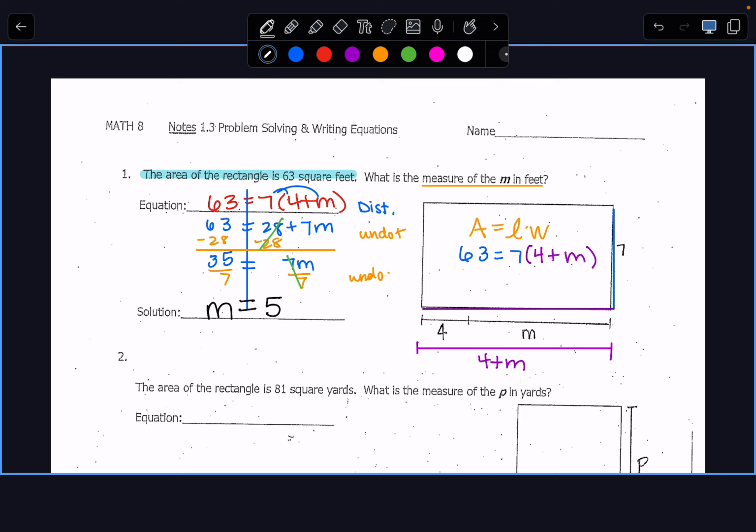Measure of m in feet. Do you see this right here? The measure of m in feet. So I want you to write 5 feet. How do you feel about that? Do you have a question about where any of those numbers came from?